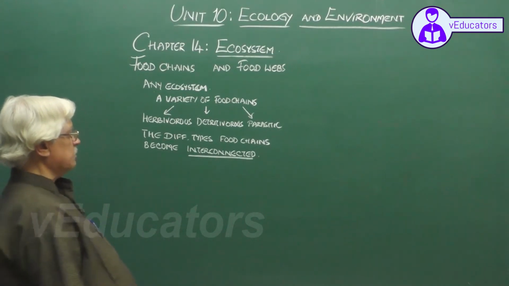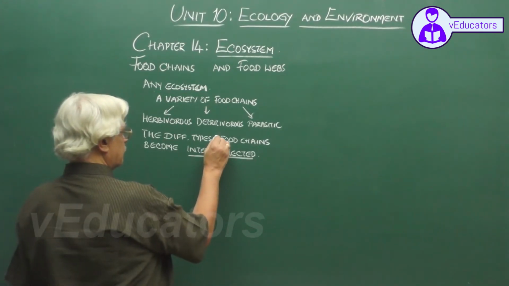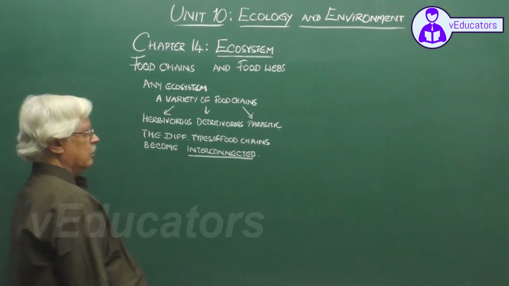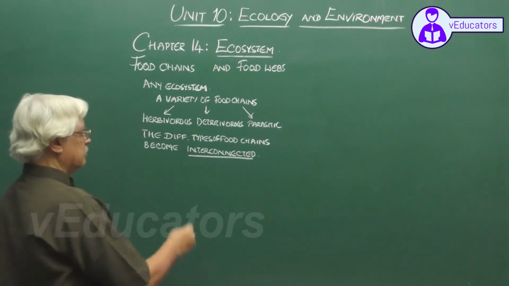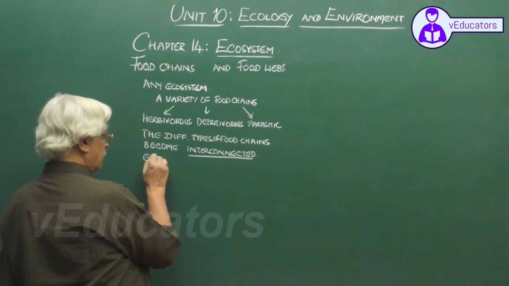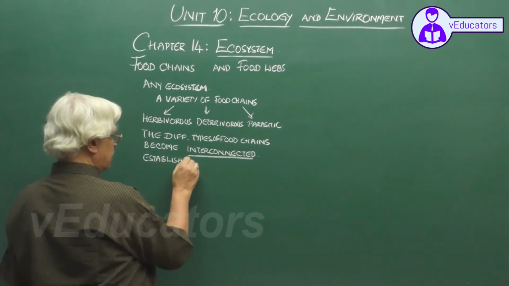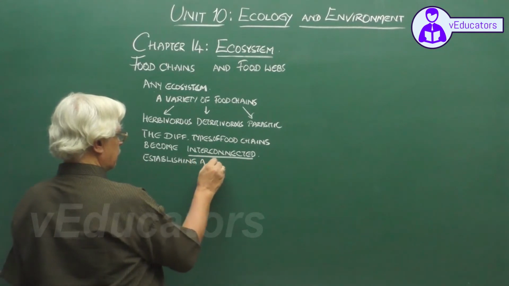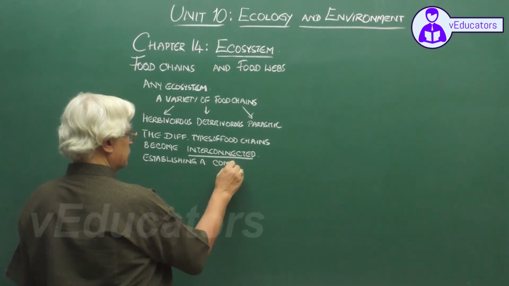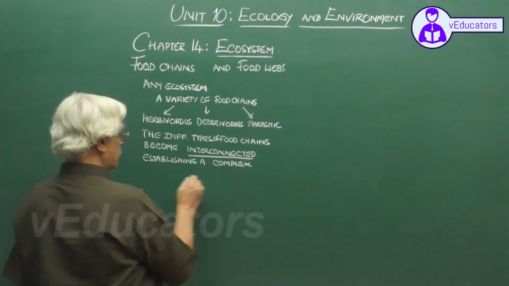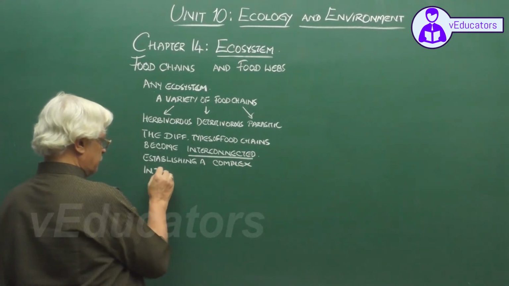The different types of food chains become interconnected, thereby establishing a complex interrelationship.